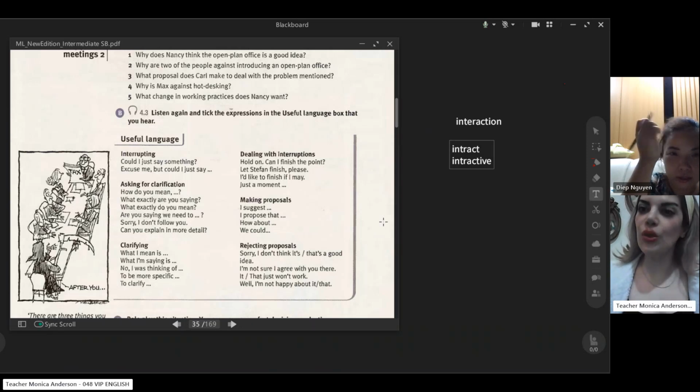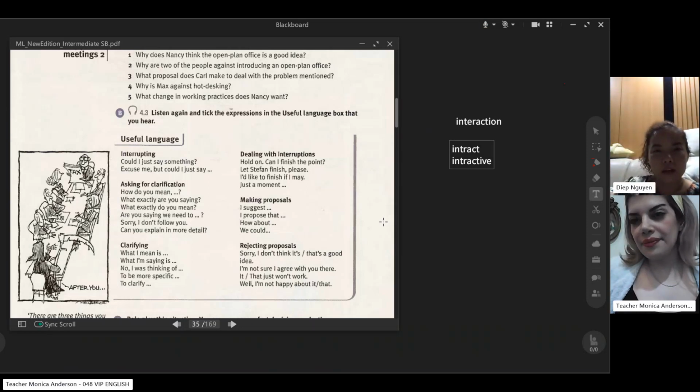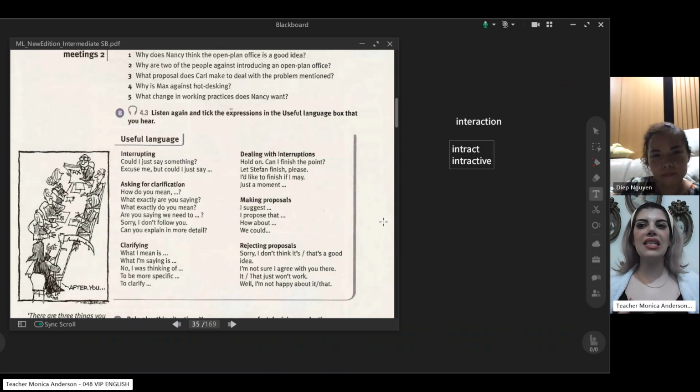She wants to, but not quickly. Maybe because open plan office and hot desking are against it at present. Yeah, maybe. Very good.